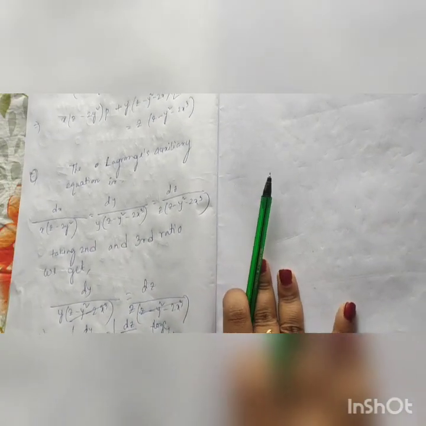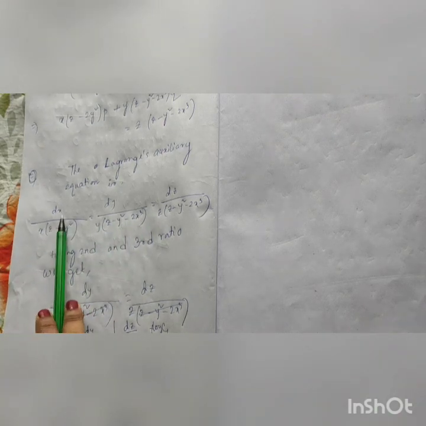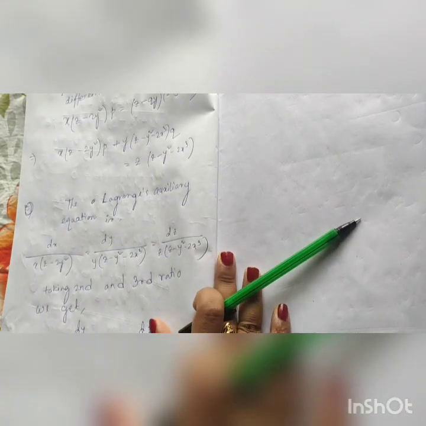So now see, if I take first and third, check the first and third at first. In the first ratio I can see x is present, so z minus y square, and here dz by z is present, z minus y square minus 2x cube is there.